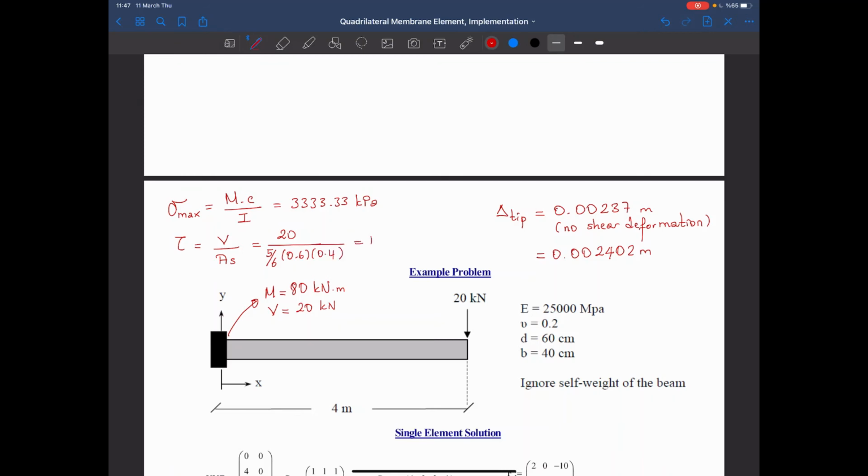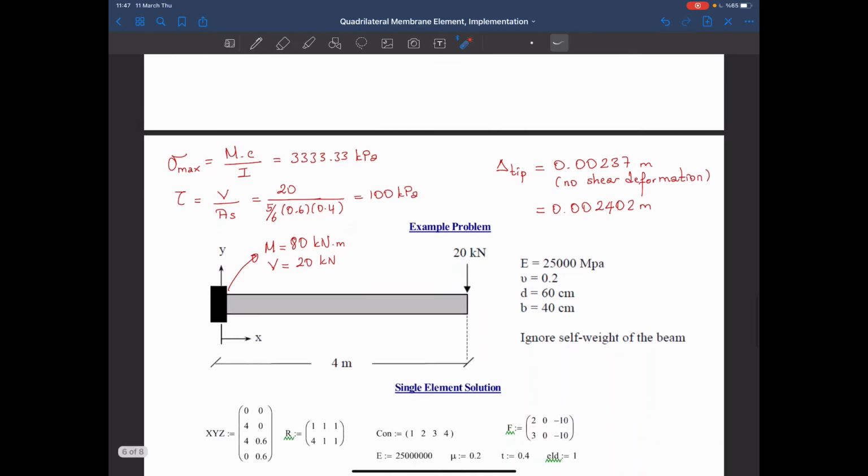That will give me a shear stress equal to 100 kilopascal. So these are the analytical results that we hope to obtain from our finite element solution.